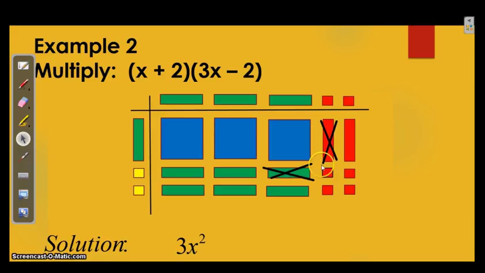This negative x and this positive x is another zero pair. We are then left with 4 positive x, and we write plus 4x. Our final 4 blocks here gives us negative 4, for a final solution of 3x squared plus 4x minus 4. This completes this lesson. Thanks for listening.